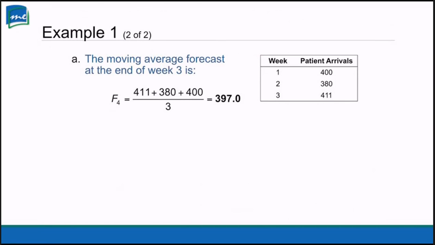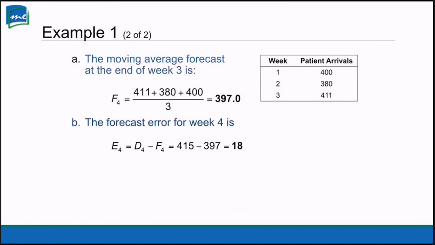Briefly, the forecast error is the difference between the forecast you made and the actual number. So it is always the difference between the actual and the forecast. For question B, the actual patient arrival is 415, so we use 415 minus the forecast we made, the 397 from question A. The 18 is the forecast error.